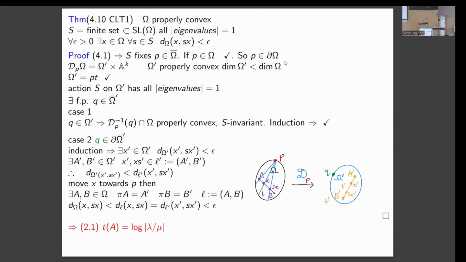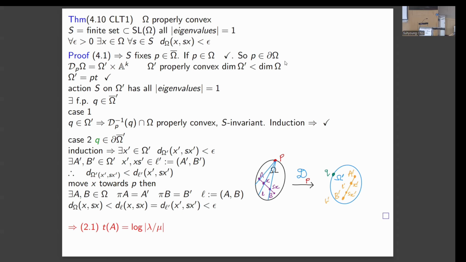So by the previous result, that means that this set of elements fixes some point in the closure of omega. And if the point is actually in the interior of omega, then we're done. I mean, if it's a point in the interior of omega, that point is moved distance 0, we're done. So we can assume this point's in the boundary of omega.